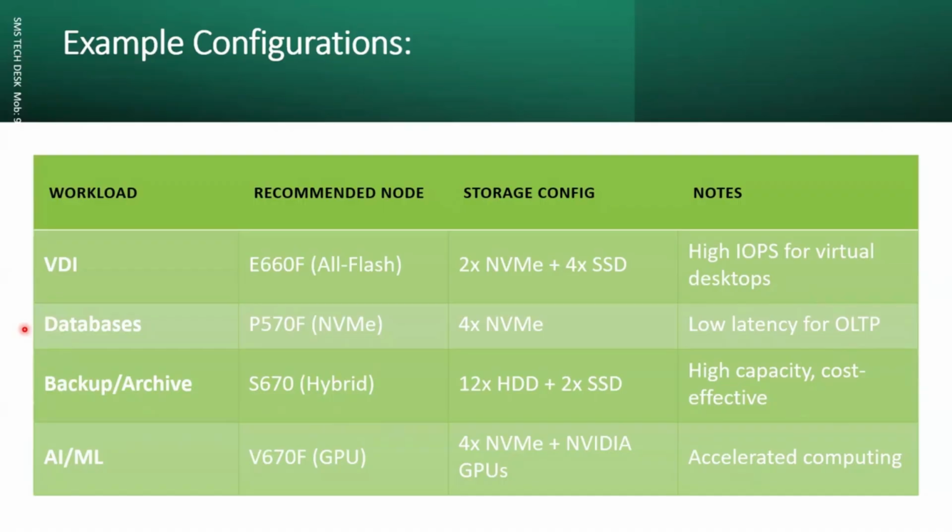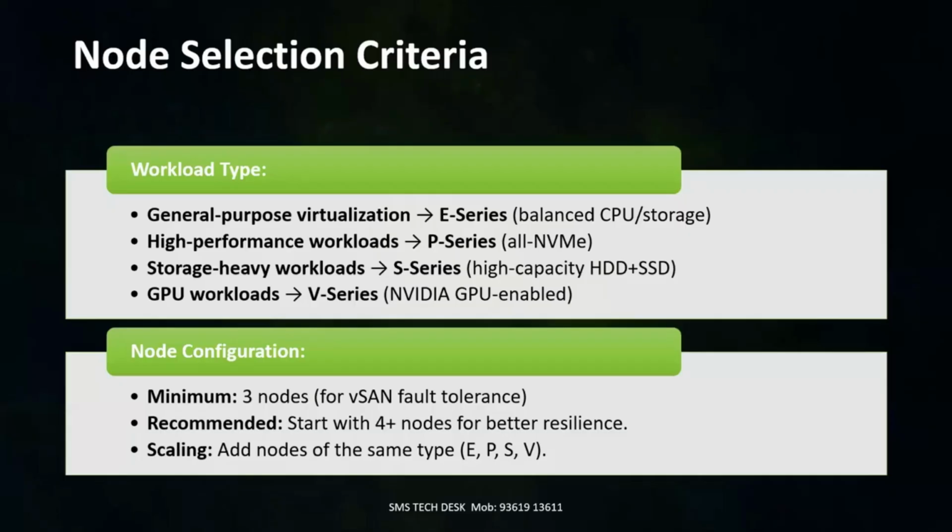Initially is cluster selection, then once you have selected the cluster, you select the host model for the cluster nodes. I hope you now have some idea about how node selection is done for a VxRail cluster.